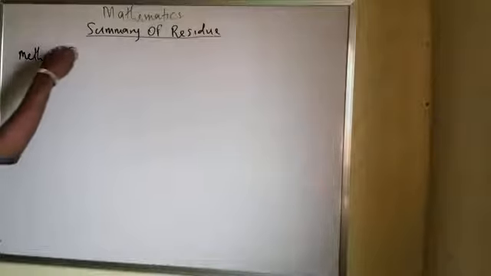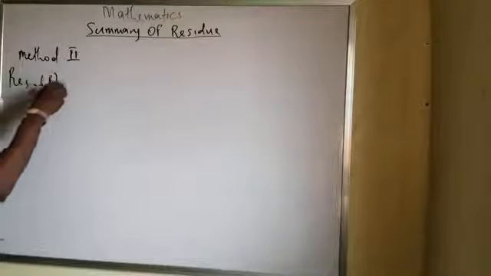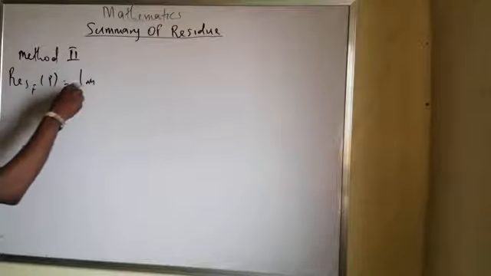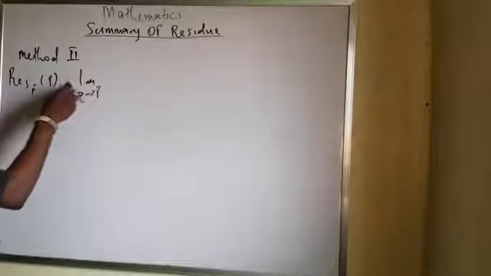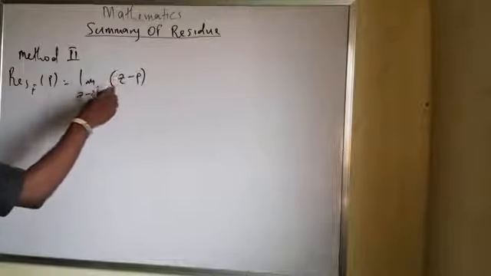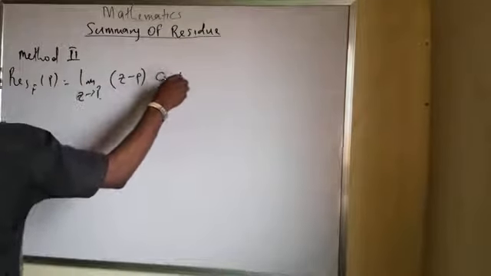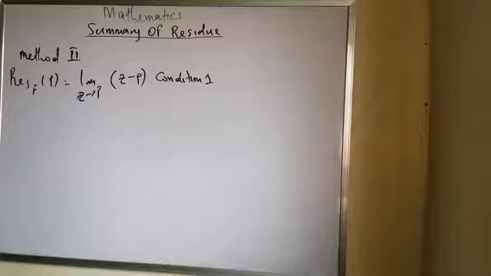If I'm talking about method two, the residue of the function at p is equal to the limit as z tends to p of the function times z minus p. That will be condition 1. It is condition 1 because my function has no power.